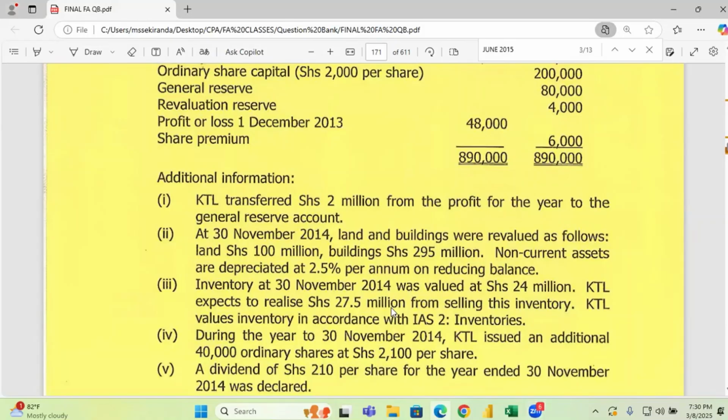I think by now you know, because we have done presentation of financial statements. When we get the profit or loss for the year from the statement of profit or loss, we put it under retained earnings, under equity, when we are coming up with the balance sheet. So we are transferring 2 million from retained earnings to the general reserve.